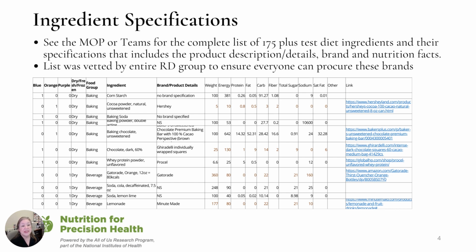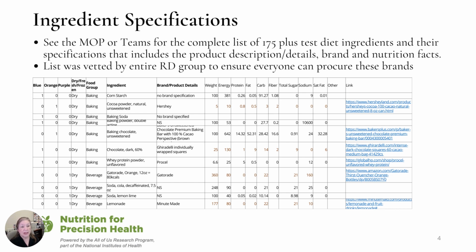I encourage you to see the MOP or the teams for the complete list of 175 plus test diet ingredients and the specifications that include the product description, the details, brand, and nutrient facts.